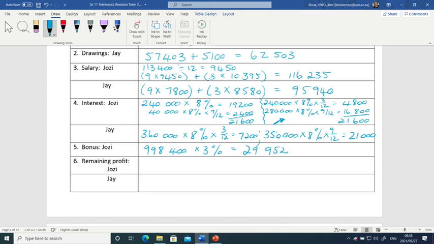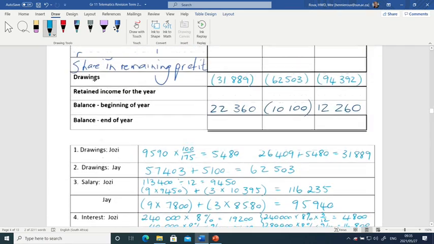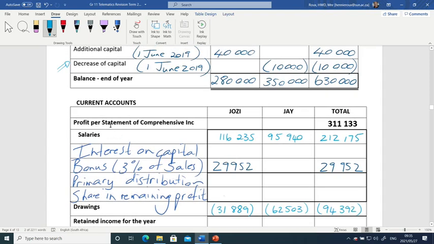Also an easy puzzle piece that you can put in early. So that is where that 29,952 comes from. Interest on capital, Josie calculated as 21,600, J 28,200, and a total of 49,800.